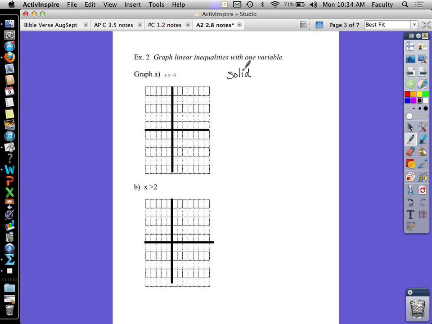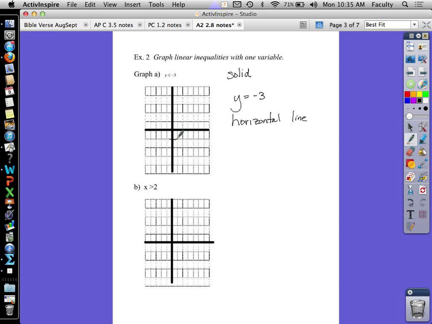Hannah, what is step 2? Good job. Step 2, change the inequality symbol to an equal sign and graph it. So McKenna, what kind of line is y equals -3? Good job. This is a horizontal line.